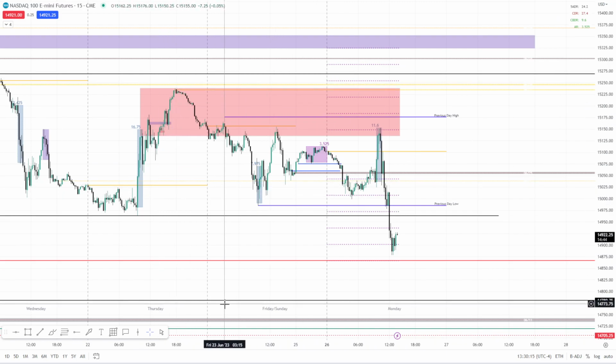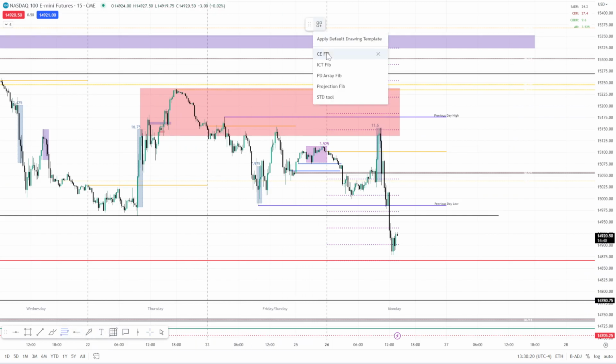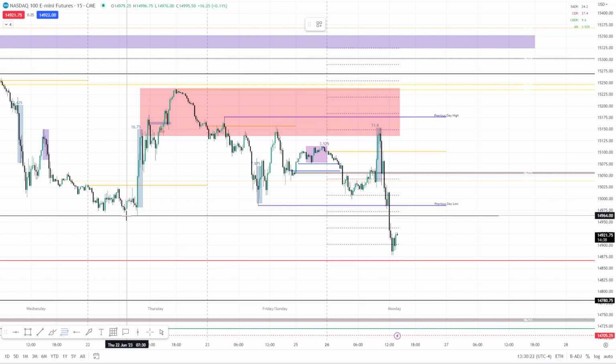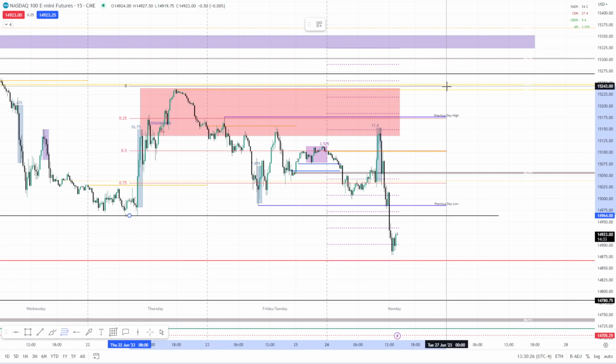We took a look at this price leg right here. Again, I would suggest finding when there's a low and a high that's created and price is not moving out of that range.